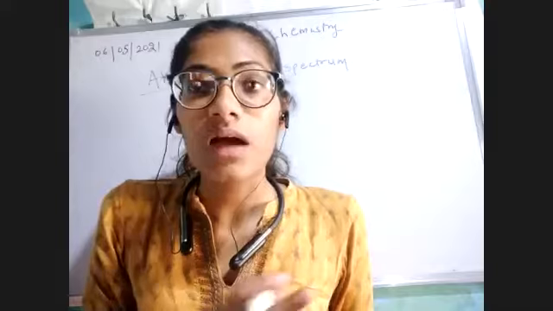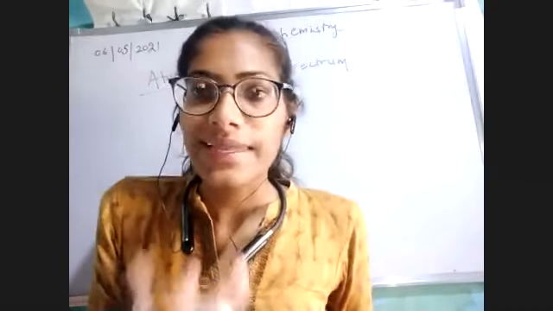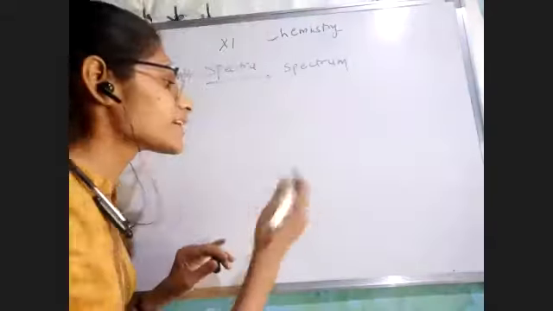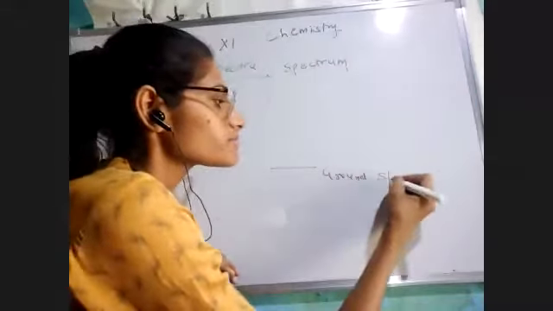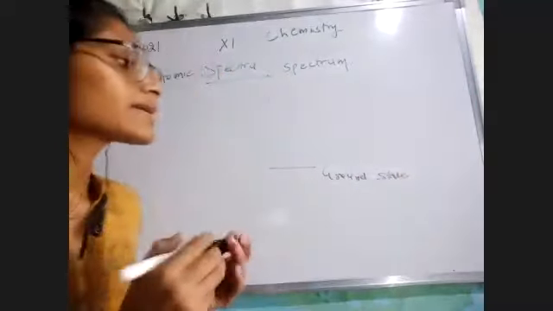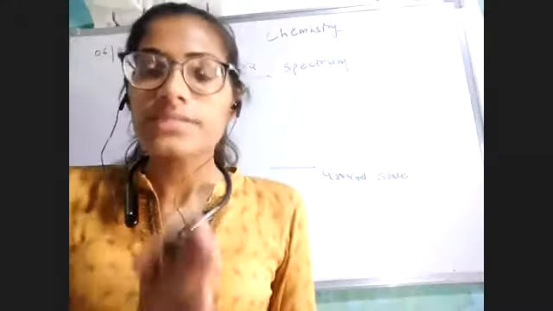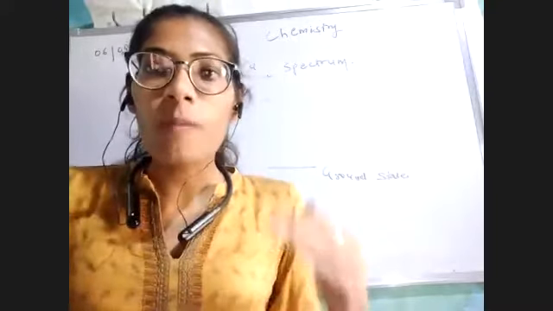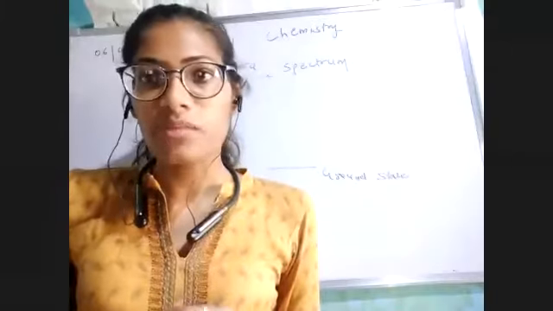Like we are taking hydrogen, we throw light on hydrogen, and the electron of hydrogen is right now in the ground state. Now what is the ground state? This is our atomic model, our atomic structure, in which electrons can jump from one level to another. This is the basic concept of atomic structure.